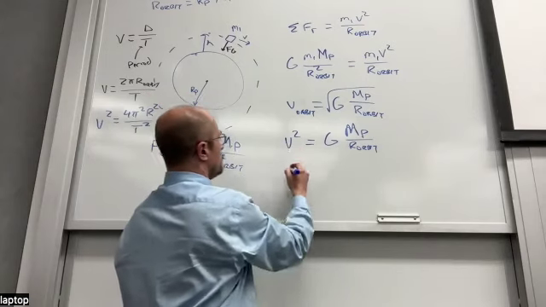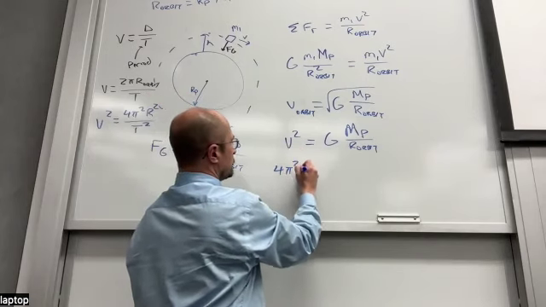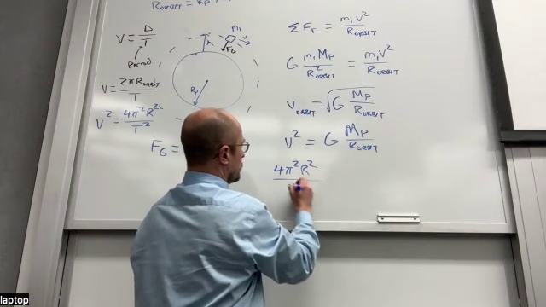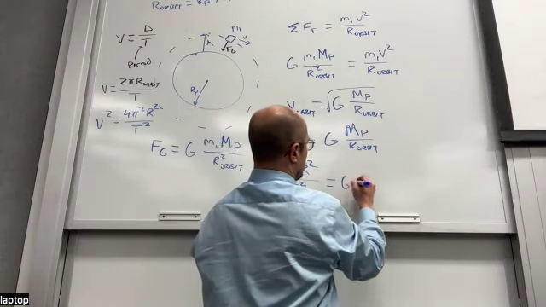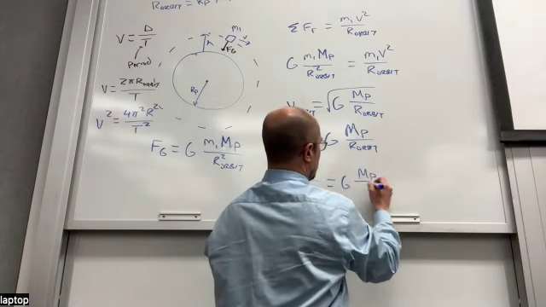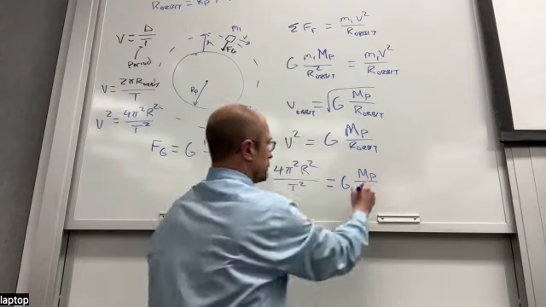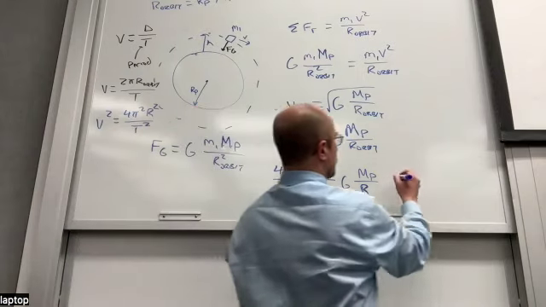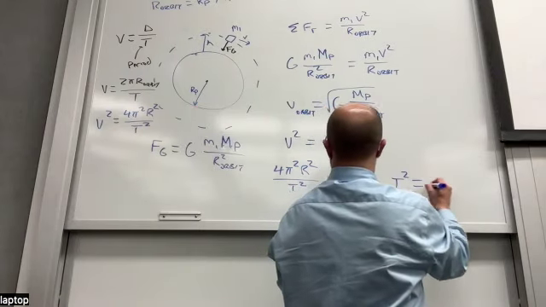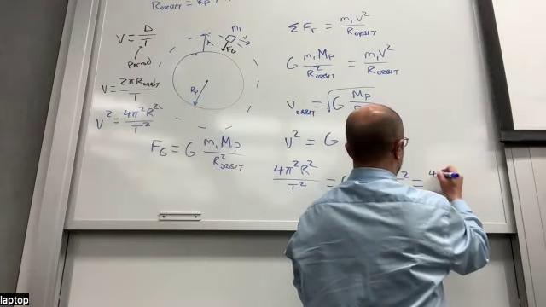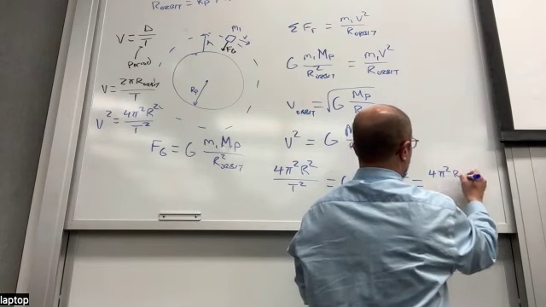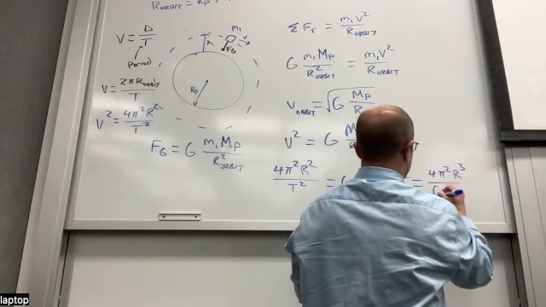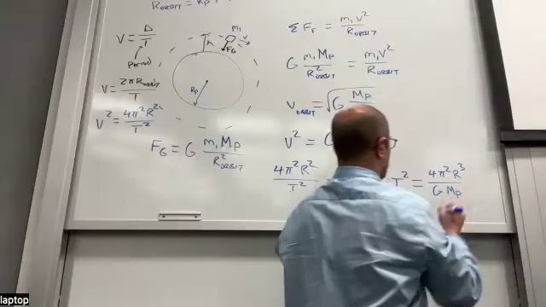Then when we substitute that in here, you get 4 pi squared r squared over T squared is big G, mass of the planet over r. And so we can rearrange this to see that T squared is equal to 4 pi squared r cubed divided by big G, mass of the planet.